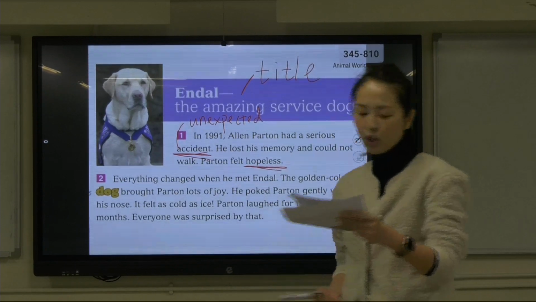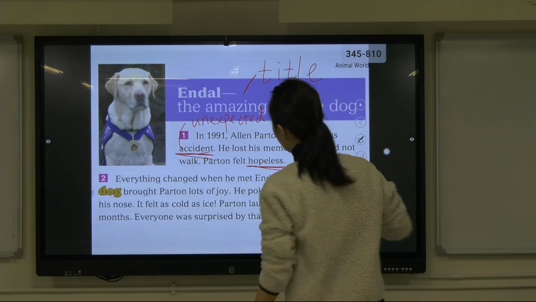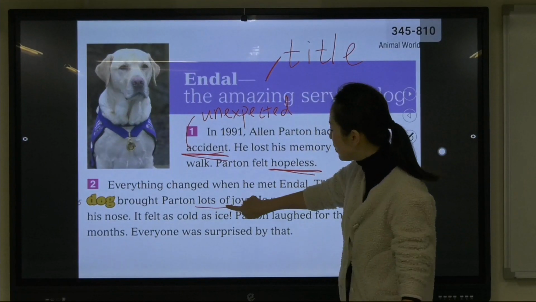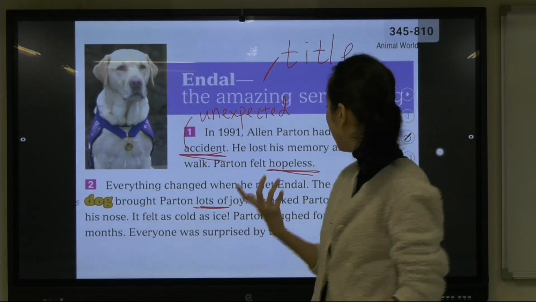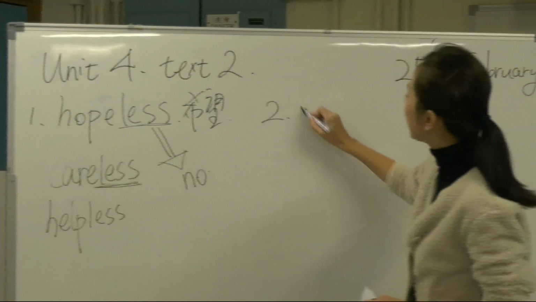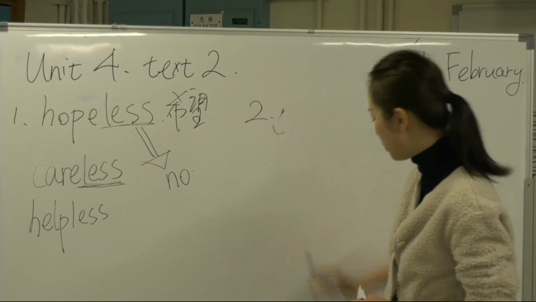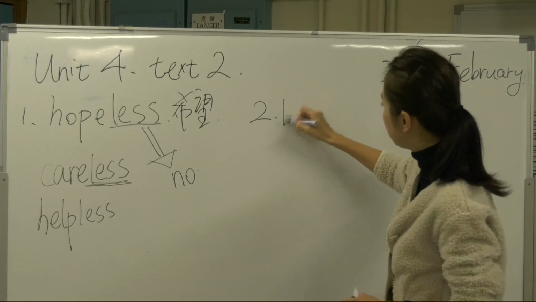The golden colored dog brought her lots of joy. Okay, lots of. So my students should know lots. What does lots of mean? It means much or many. So can you find some similar word? Can you find word has the same meaning?